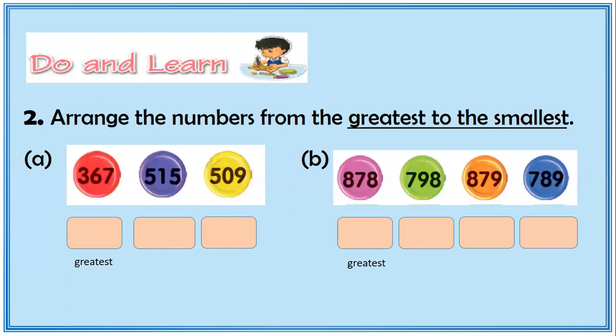Okay, next, number 2, arrange the numbers from the greatest to the smallest. So this time you need to start from the greatest number. So let's compare the digits in the hundreds place. 3, 5, 5. So the biggest or the greatest number is... 3 is the smallest, right?